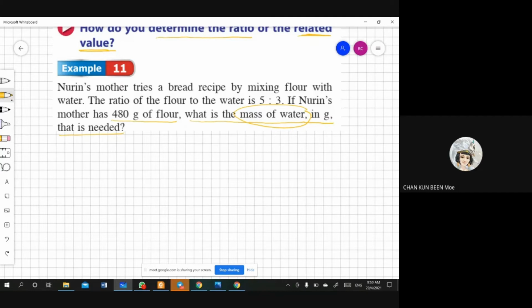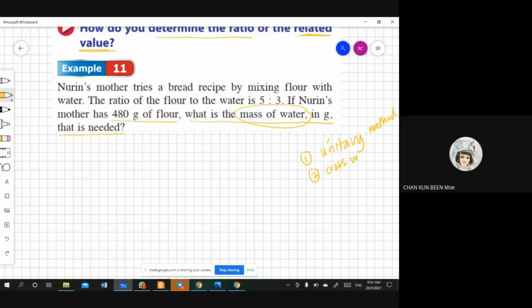Okay, so you have learned 3 methods before. Do you still remember? When we want to find out the value of the ratio, you have learned the unitary method. That is the first one. Can somebody else tell me what is the second method? Cross multiplication method. Very good.